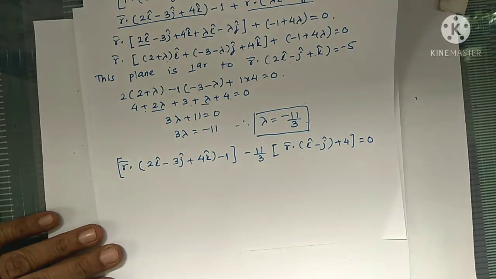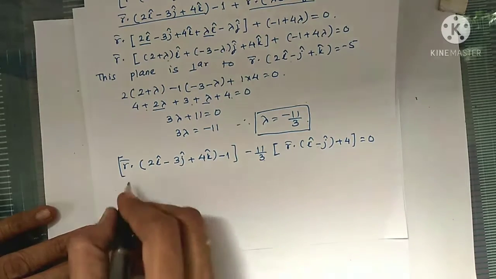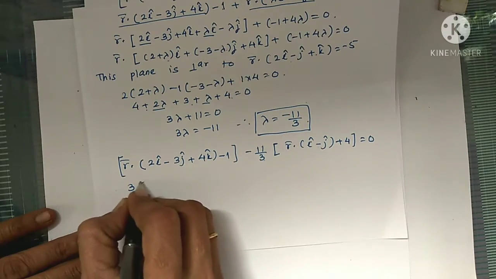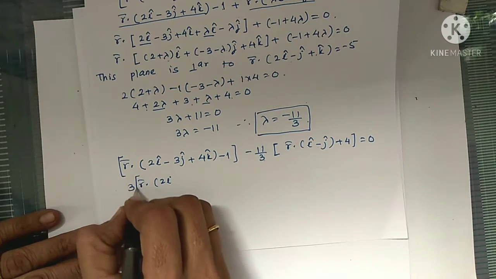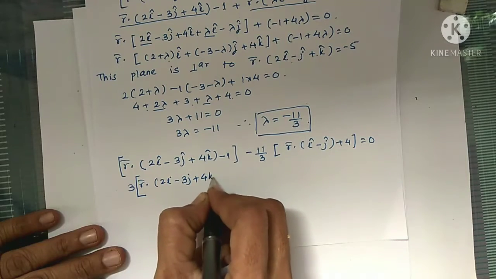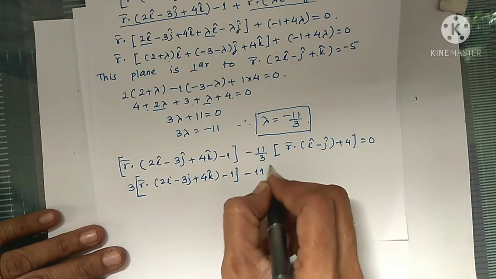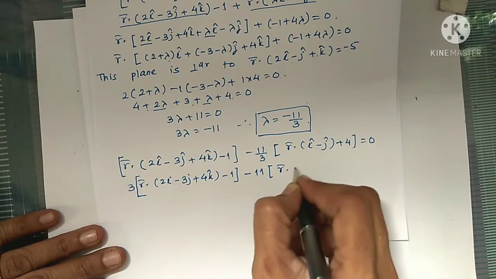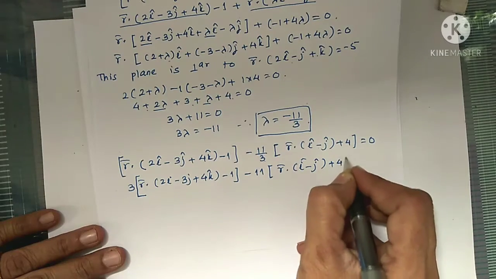So let's multiply this equation by 3 so that this 3 will get cancelled. So 3 into r bar dot (2i minus 3j plus 4k) minus 1, minus 11 into r bar dot (i cap minus j cap) plus 4 equal to 0.